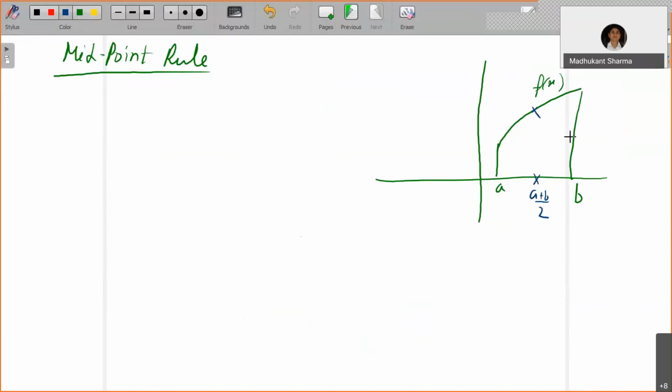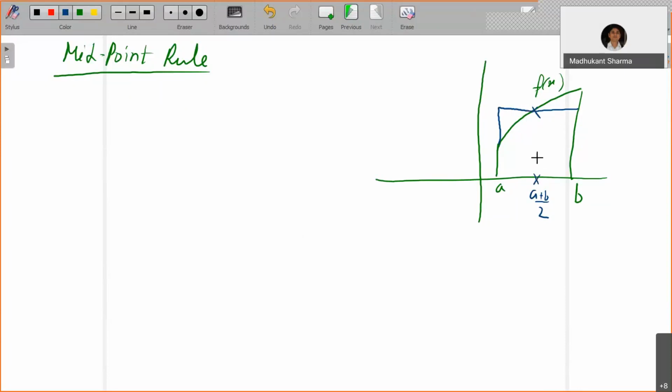So you will have f of a plus b by 2, and you draw the line parallel to the axis. Earlier you were having either this or this in the rectangle rule. So again, you are approximating f by a constant degree polynomial, but at the point a plus b by 2 now.